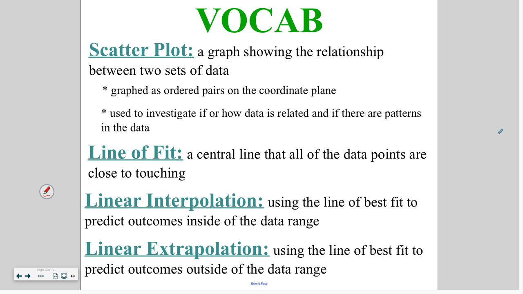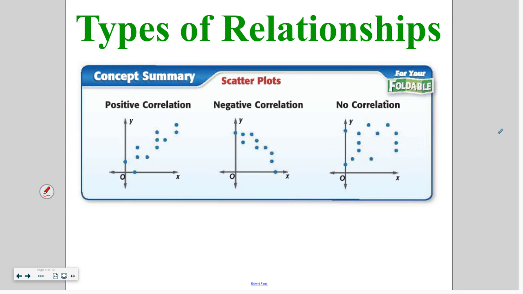Linear extrapolation is making a prediction outside of the data that you have. So again, if you're looking at ages 1 to 10 and comparing those to height, making a prediction for someone at the age of 15 would be extrapolation, because you are going outside of your highest data point, which was age 10.